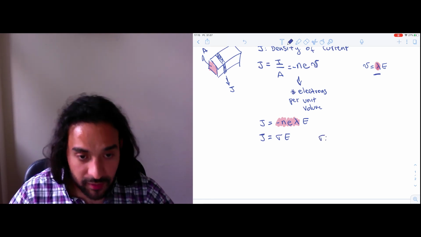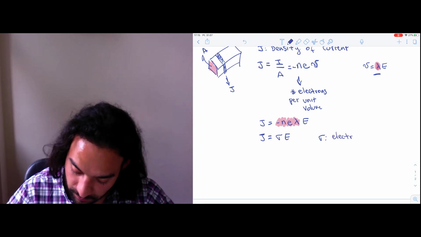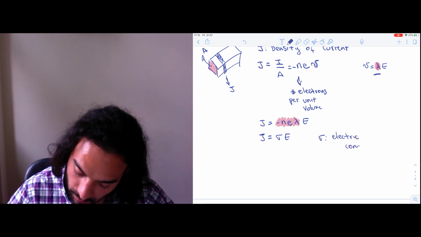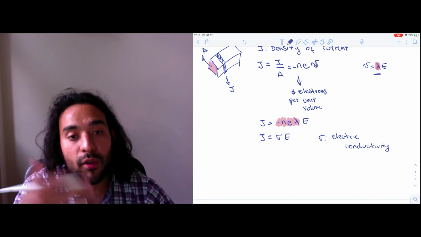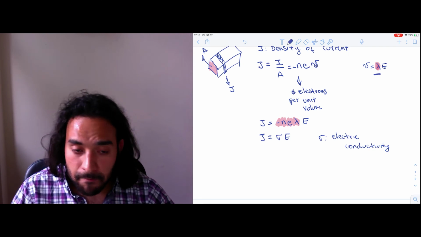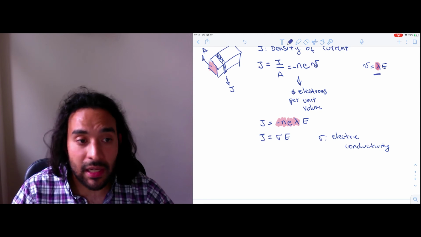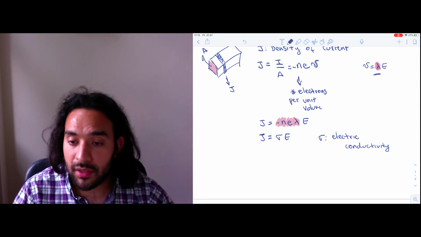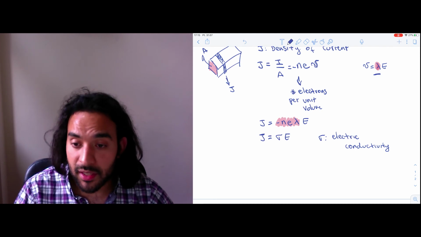This sigma that we have here is the so-called electric conductivity of the material, and of course this depends on the actual material that we have. So for a very good conductor, this is a very large number, and for a very good resistor or insulator, this is a very small number.